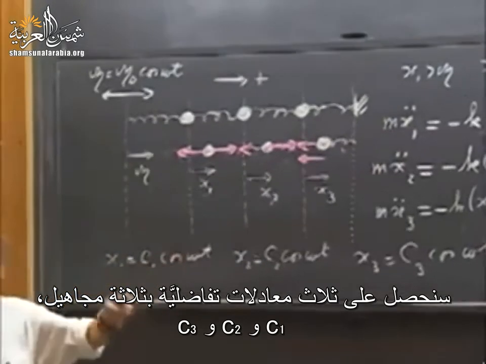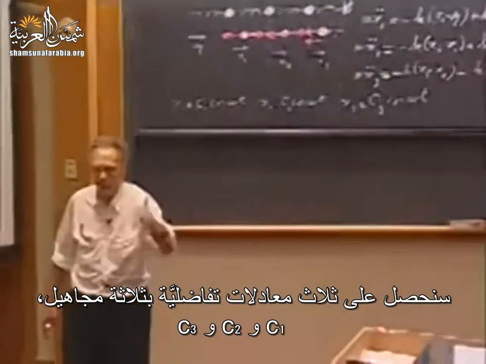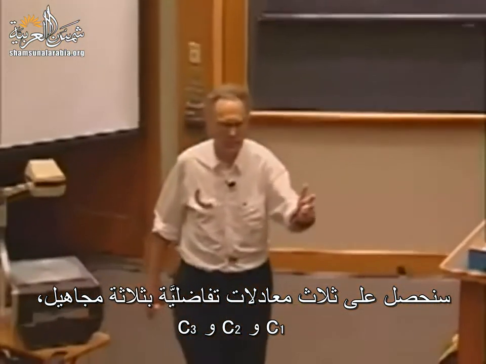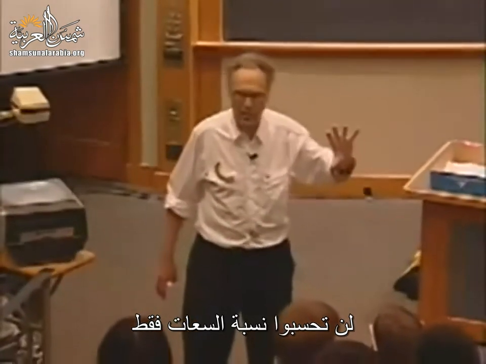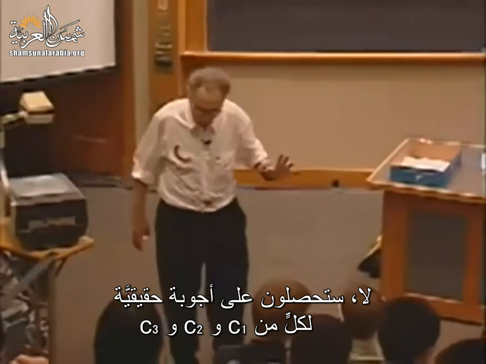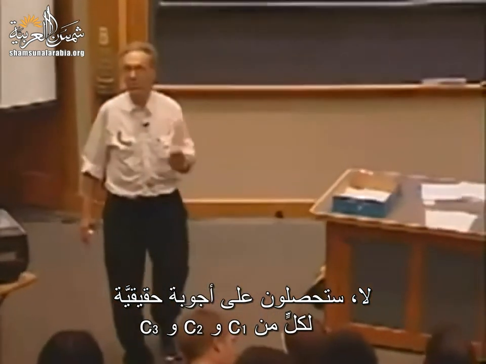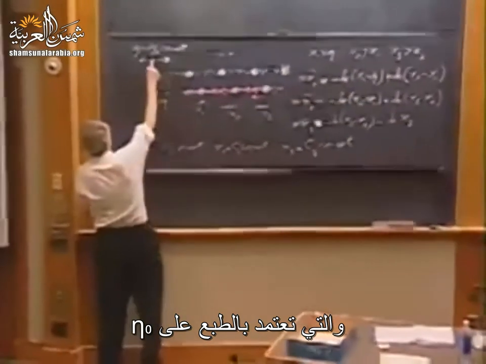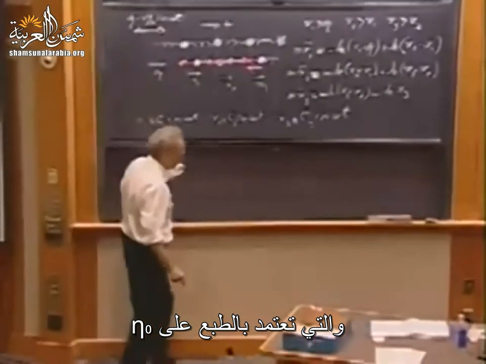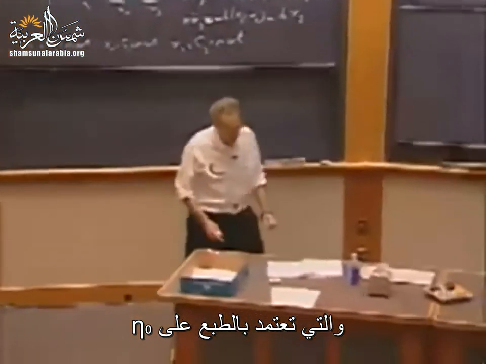You're going to get 3 equations with 3 unknowns, C1, C2, C3. You don't have to settle to only calculate the ratios of the amplitudes. No, you're going to get a real answer for C1, for C2, and for C3, which, of course, will depend on eta 0. Sure, but you know eta 0.